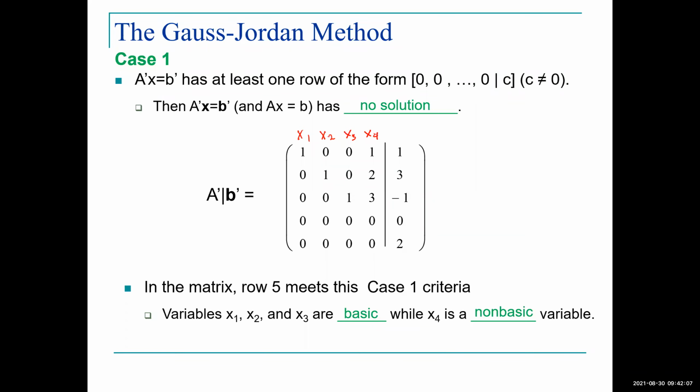Okay, so in the final solution, after you apply the Gauss-Jordan method, the variables that will have a value different than 0 are the ones that are represented with this structure, a 1, and the rest of the column is zeros. Anything that is not having this structure in the final solution will have a value of 0. So non-basic variables will always be equal to 0.